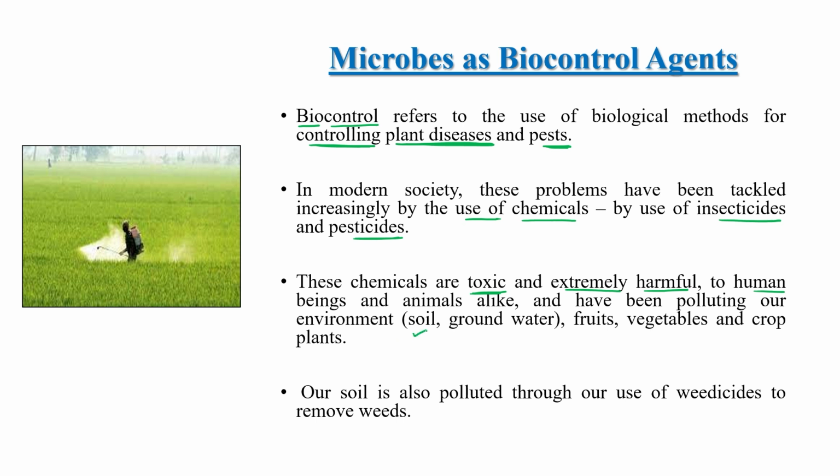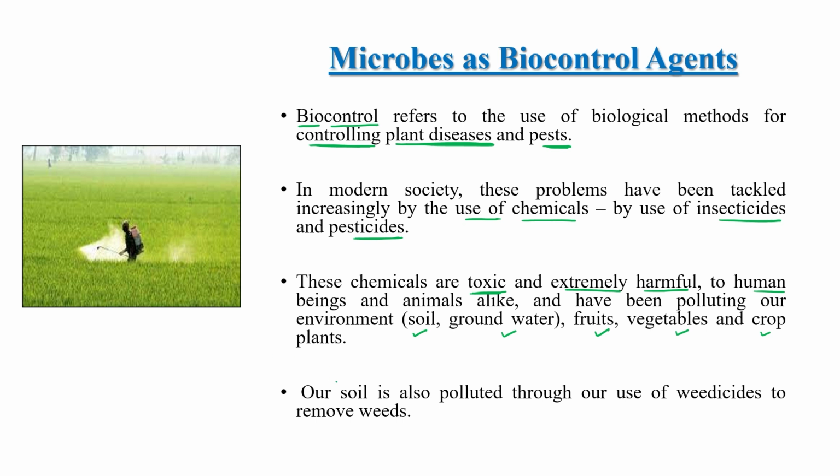Environment means our soil, our groundwater, our fruits, vegetables, and crop plants. Because if we continuously use chemical insecticides and pesticides on our various vegetables, cereals or crop plants, the continuous use will increase their concentration in the soil, in the water, and in the fruits and vegetables as well. So that's why these are extremely harmful for us and for our environment.